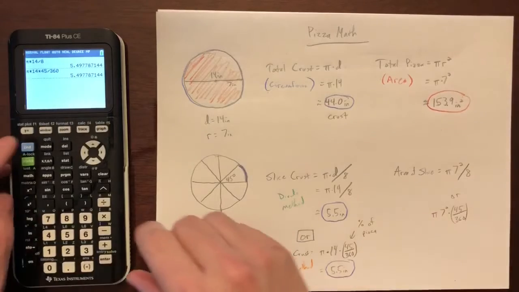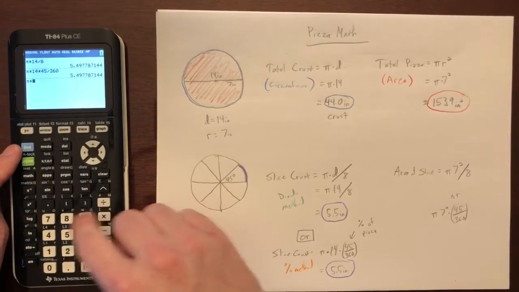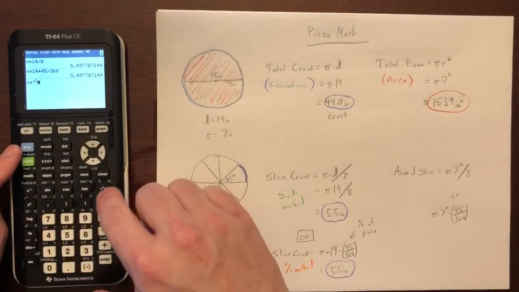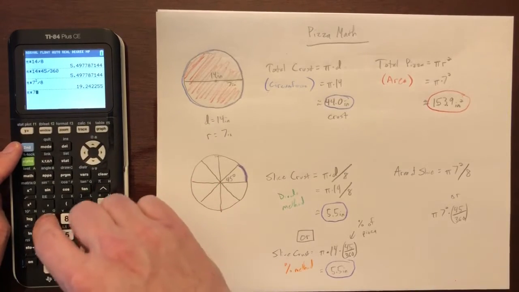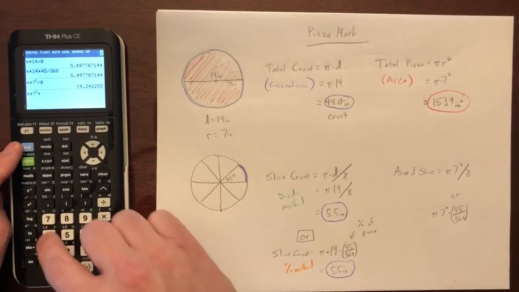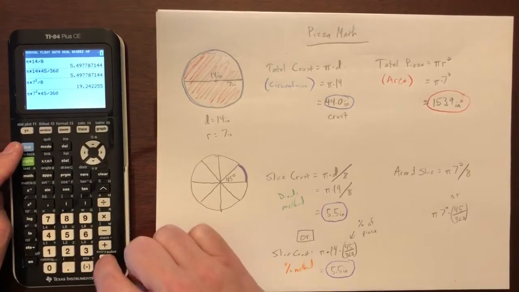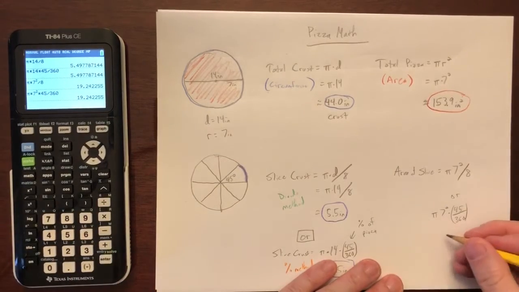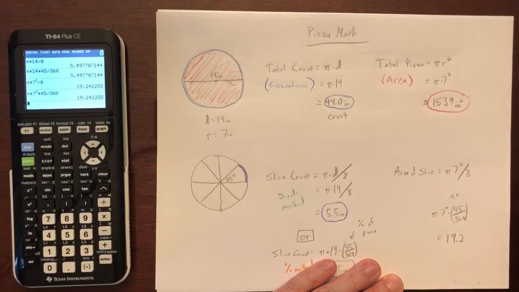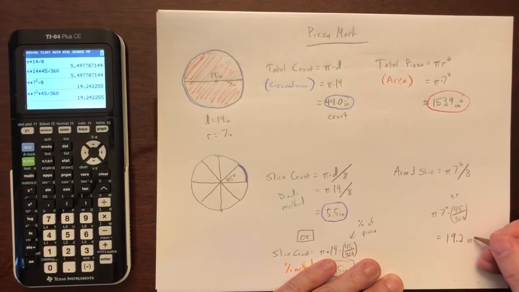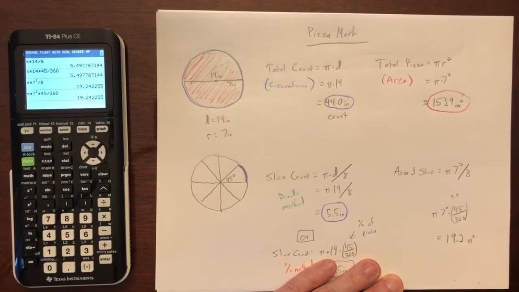And in both those cases, pi times 7 squared divided by 8, or pi times 7 squared times 45 over 360. Either way, we get approximately 19.2. 19.2 what? Well, this is area. What do we measure area in? Not inches, but square inches. Okay, and that's the amount of pizza in this slice.